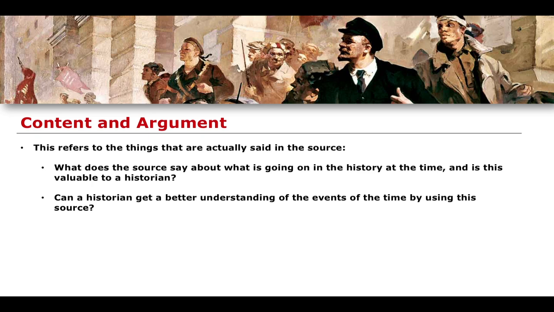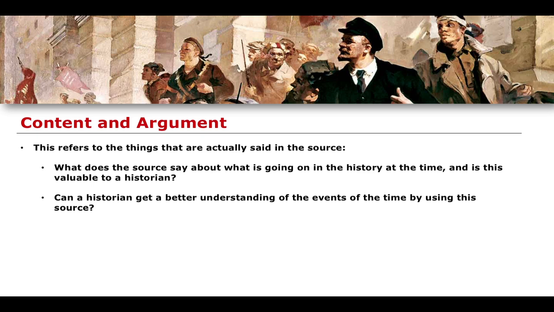If I'm a historian trying to ascertain, let's say, the causes of the Russian Revolution, the October Revolution of 1917, and I'm given a source, a speech by Vladimir Lenin, can I, as a historian, look at the content of that source, look at what is being said, look at what is being argued in that source, and come to some good conclusions about how valuable it is?